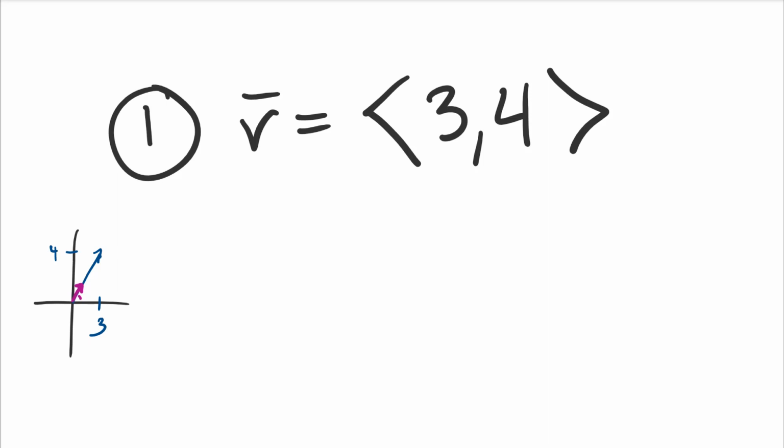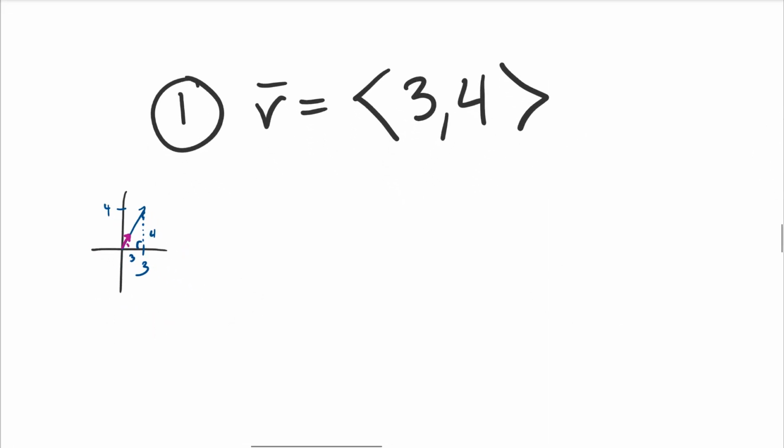Look at our right triangle here, 3, 4. I wonder where the hypotenuse is. Oh, it's not the hypotenuse, it's the magnitude. They're all right triangles. Vectors just make right triangles, especially if you send them out of the origin. Makes your life easy.